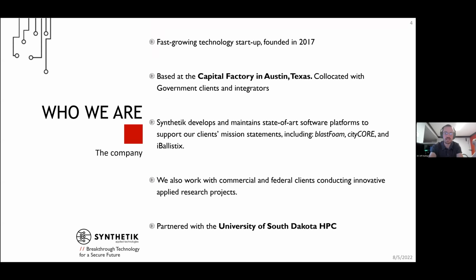This includes BlastFoam, and it also includes derivatives of that, including iBallistics and Citicore, which both make use of BlastFoam but also extend it. We do a lot of work with both commercial and federal clients and do applied research projects. That's really what we do.